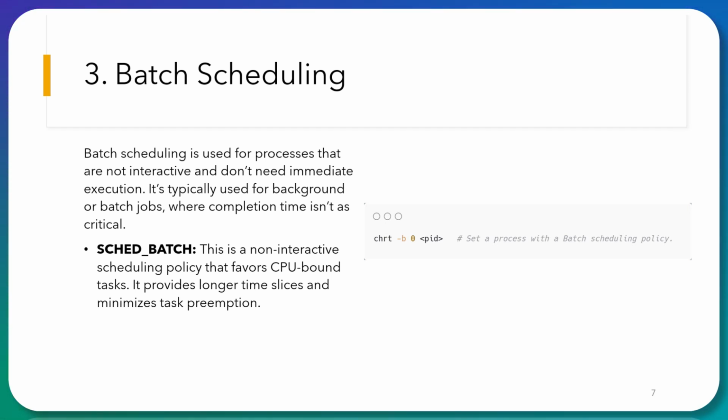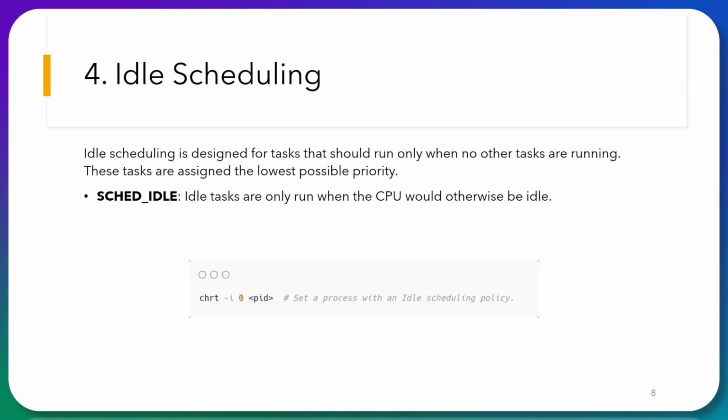Since they don't interfere with user interaction, they help optimize overall system performance. SCHED_IDLE is the lowest priority policy. Tasks using this only run when no other tasks need the CPU. It's useful for things like indexers or periodic background analysis that can wait indefinitely and shouldn't interfere with other work.